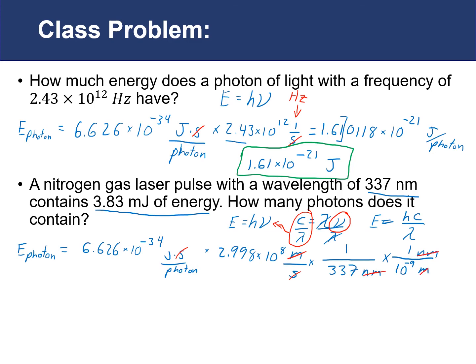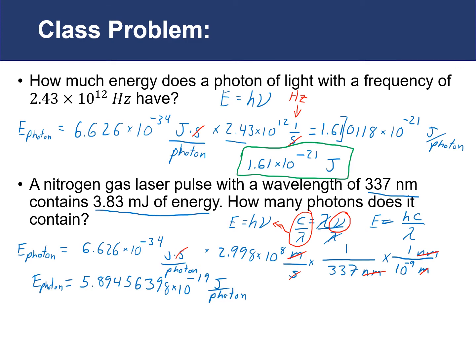So if we plug this into the calculator, we will get the energy of a photon is equal to 5.89456398 times 10 to the minus 19th joules per each photon.